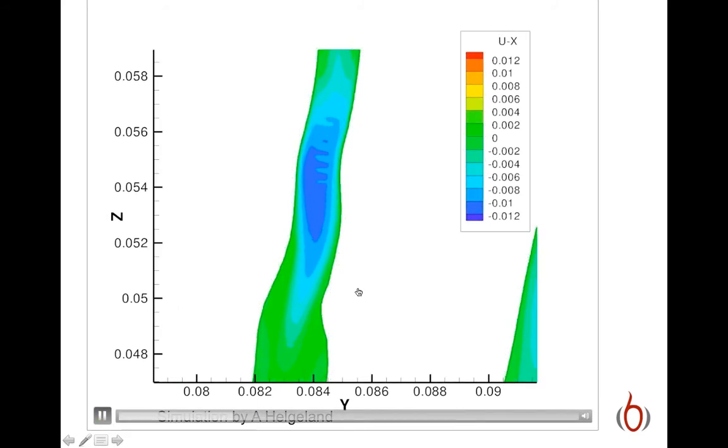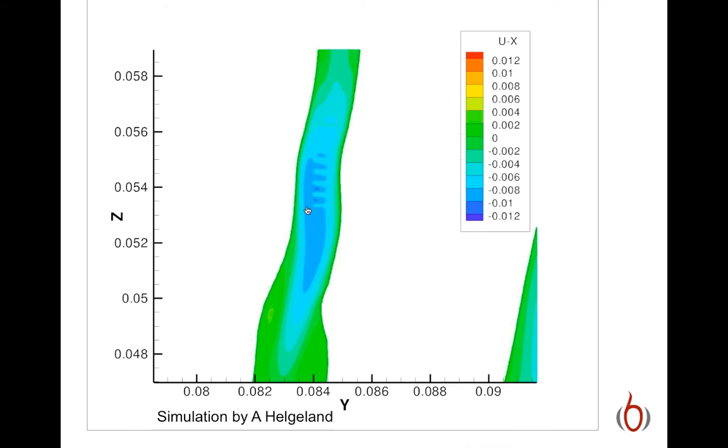What is interesting for us here is that you see these waves forming. This is typical when you are at the transition point. So in some sense, this is not turbulent or transitional flow, but it's just below that.